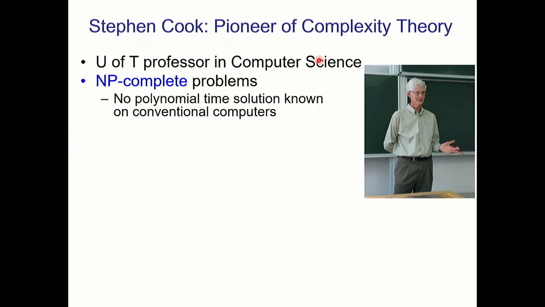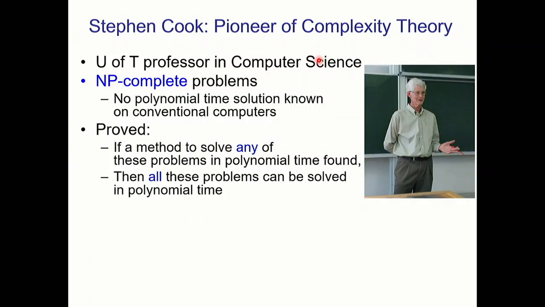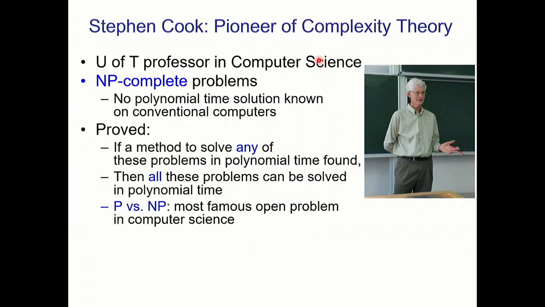And Stephen Cook, what he did is that he proved that if there is a method to solve any of these problems in polynomial time, then you can solve any other problem in that class in polynomial time as well, right? And this is a very popular paper. I think he published it in 1971. And it's basically the basis of computer science and complexity theory when it comes to computationally hard problems. Okay? So yeah, again, if there is one method that can be solved in polynomial time, then all of these problems can be solved in polynomial time.